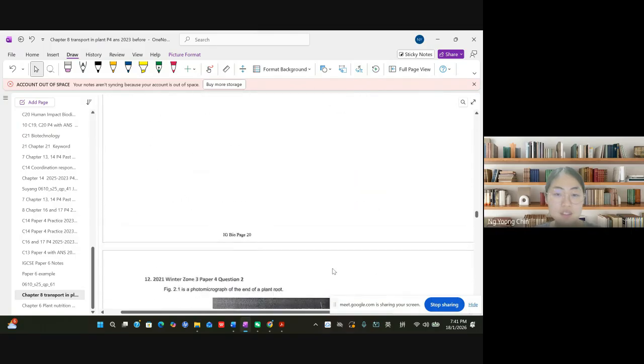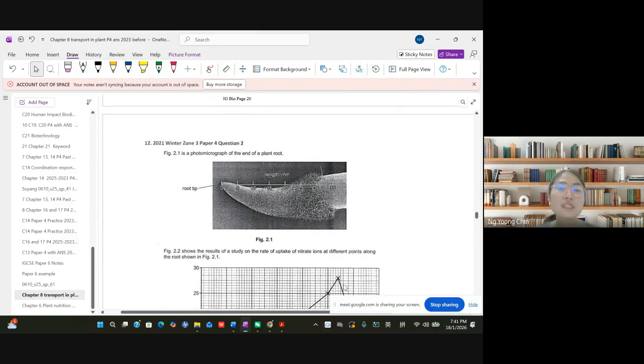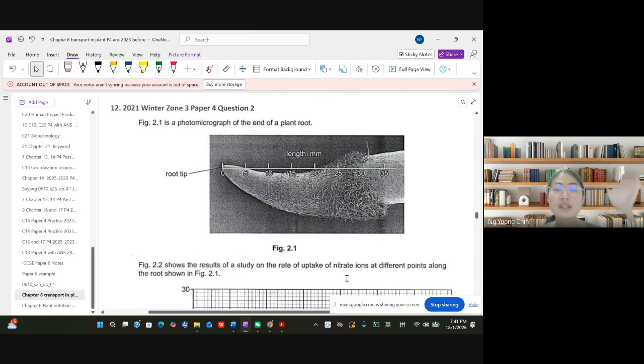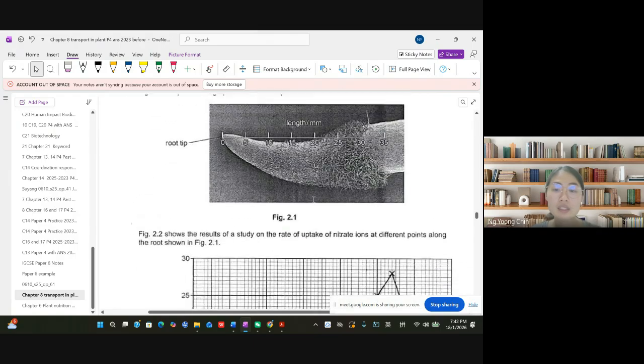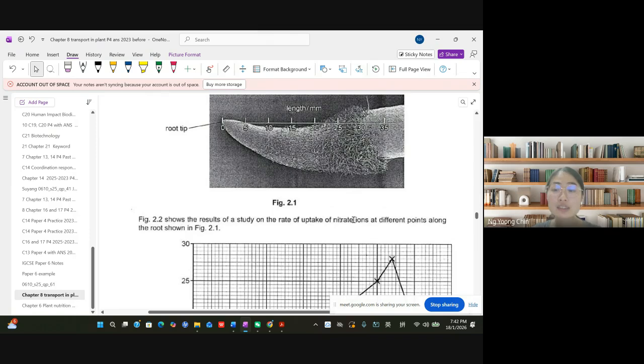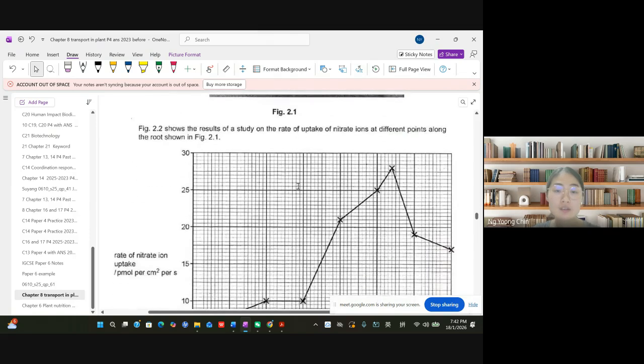This one, 2021. Let me go through this question with you for a short while only. Actually, I will send the answer to you so you can read it back later. So this is about plant roots, because they always repeat this similar style of questions. See, the uptake of the nitrate ions by the root hair cell.